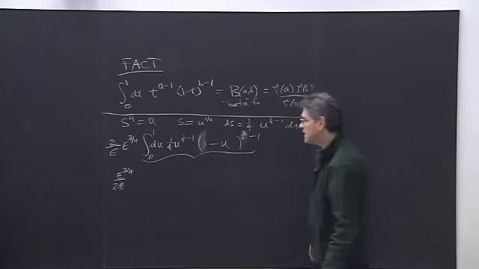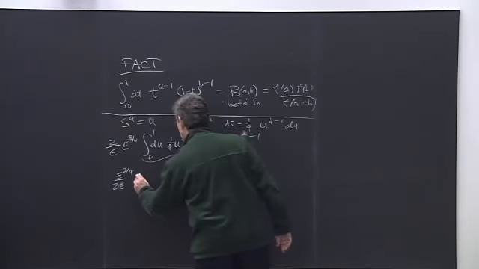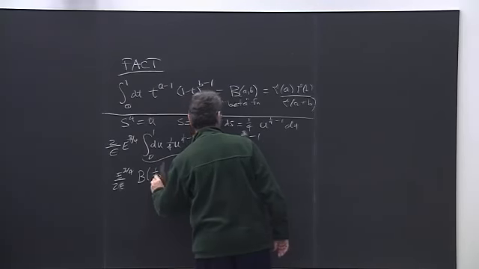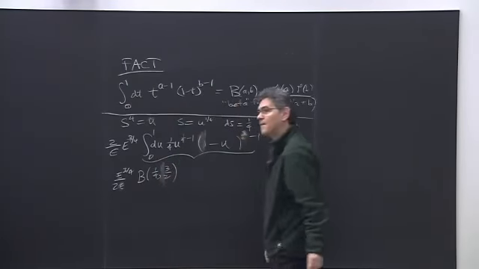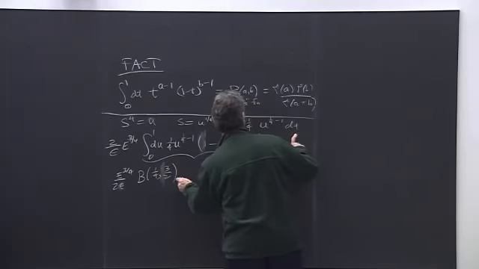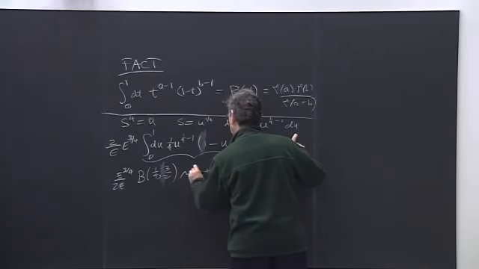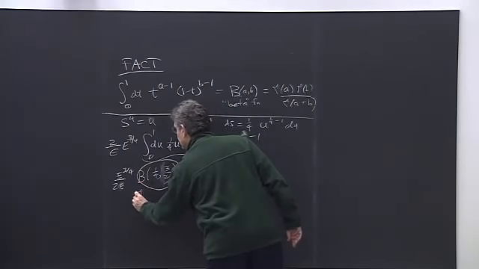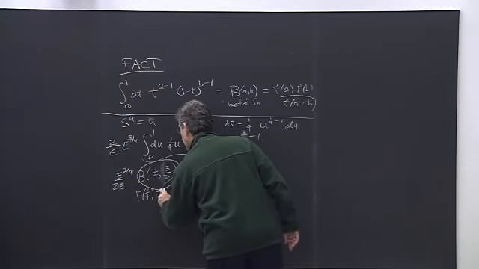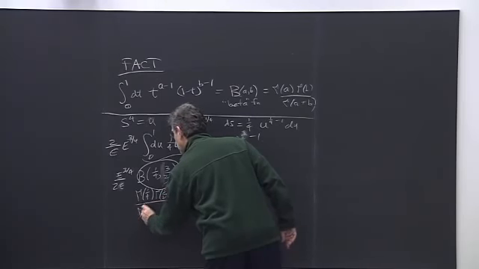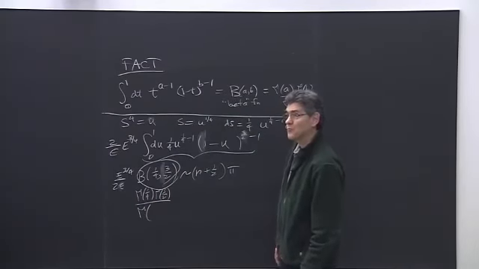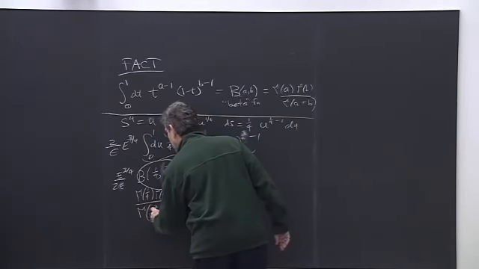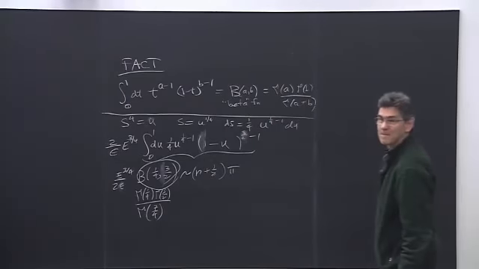But this integral, that's the key problem. This is just beta of 1/4, comma 3/2, and that is equal to n plus 1/2 pi. And we just got done saying that this is gamma of 1/4 times gamma of 3/2 over gamma of 1/4 plus 3/2, 6 quarters plus 1 quarter, 7 quarters.